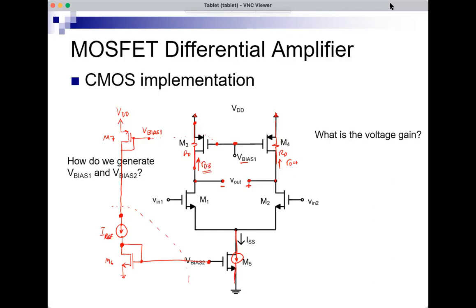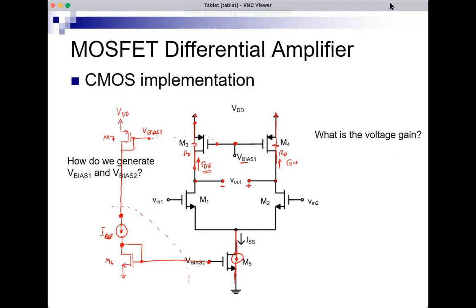But what's my input? Well, this question is confusing because such amplifiers have two different kinds of gain. There is common mode gain and there is differential gain.